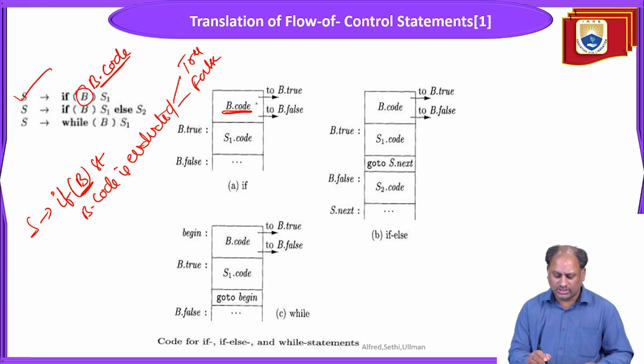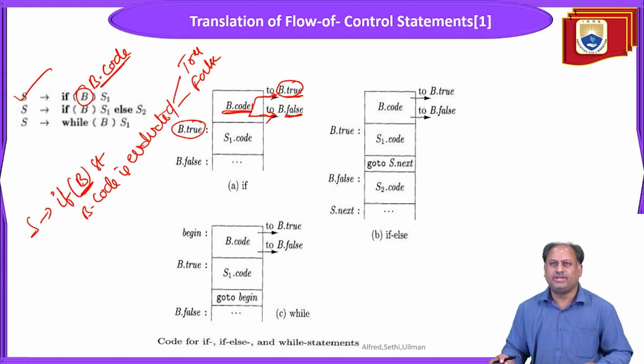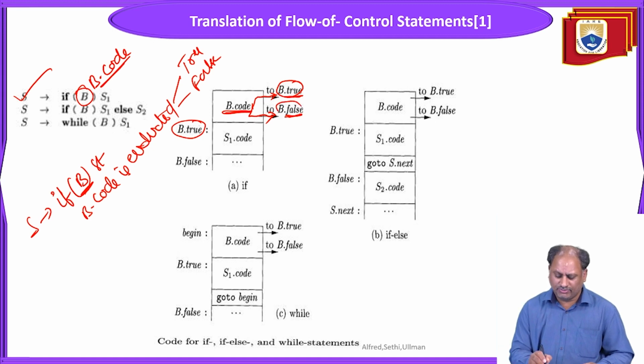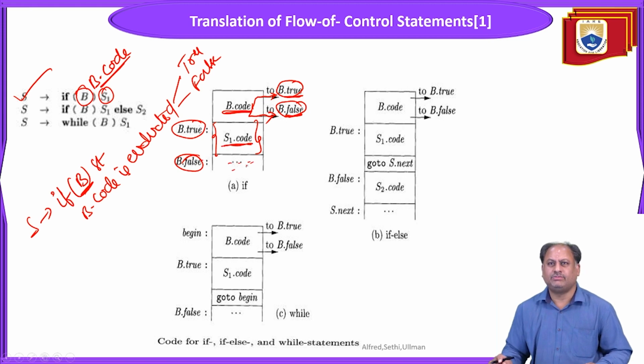Now the code results in either true or false. The true case holds some label, and B false holds some label. The true case holds the list of statements, that is S1 dot code, and the false case holds the remaining statements.